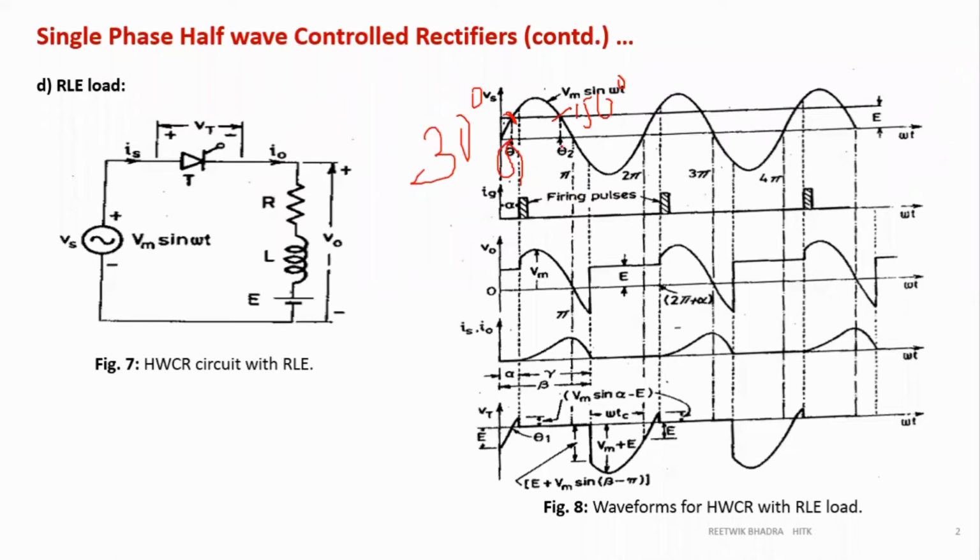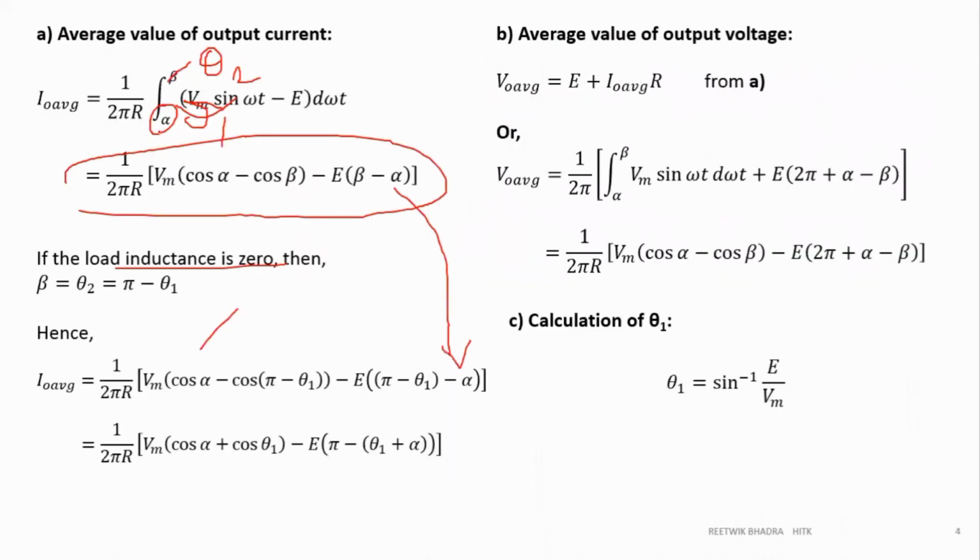Okay, so this theta 2 can be written basically as pi minus theta 1. So what we can do over here, instead of writing alpha, you can write theta 1 and integrate it to pi minus theta 1 if it is an RE load. Instead of cos beta, we'll write cos(pi minus theta 1), and instead of alpha, you can put cos theta 1.